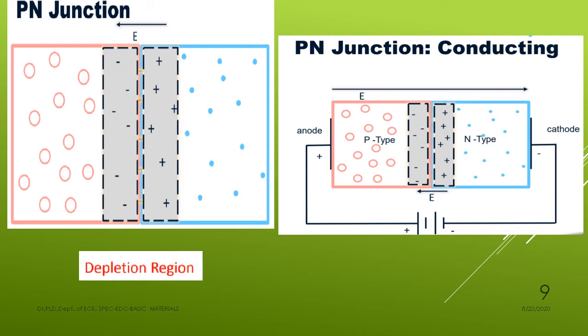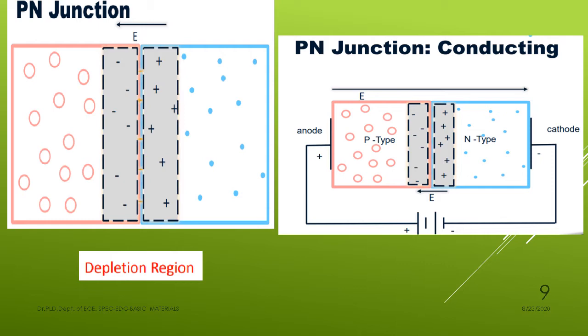By applying an external voltage with positive polarity to the P-type and negative polarity to the N-type, holes have positive charge and electrons have negative charge.